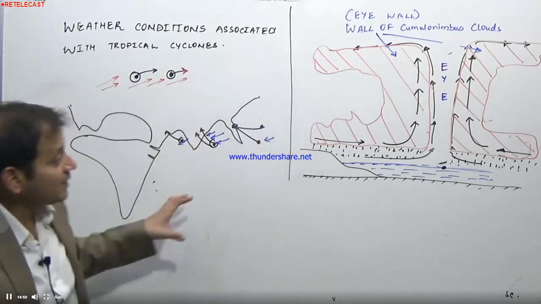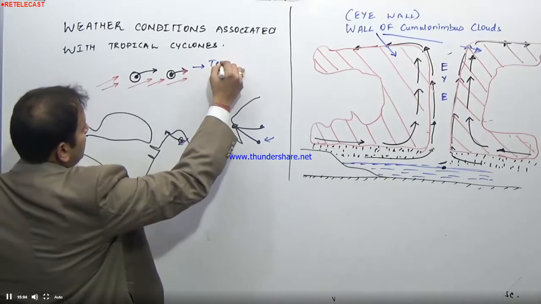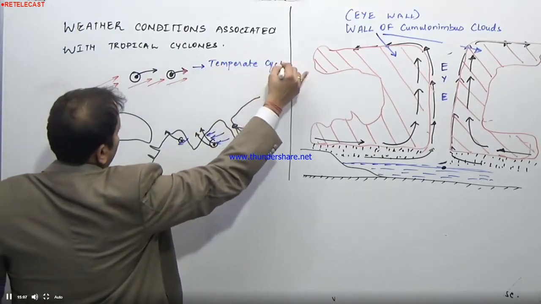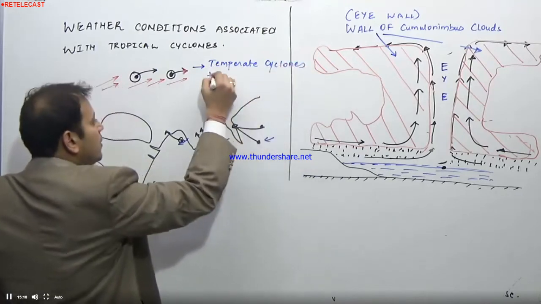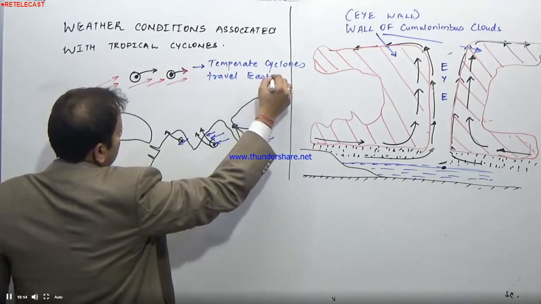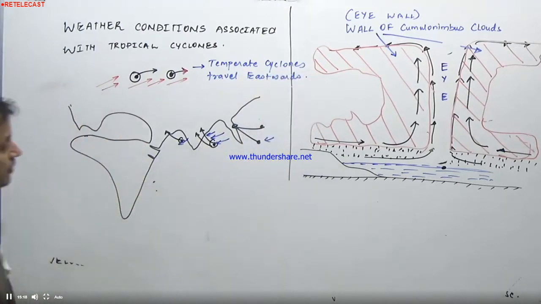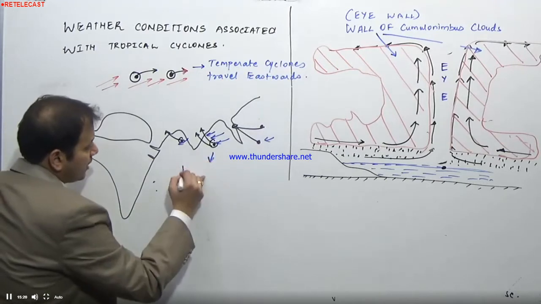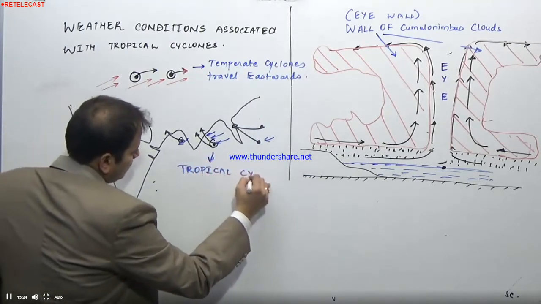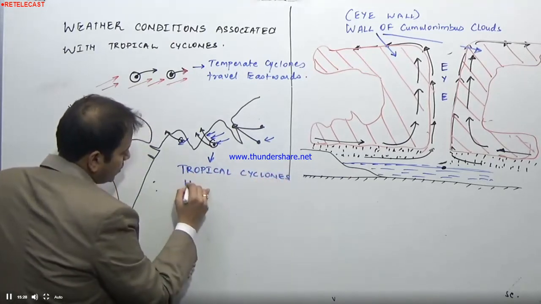So remember, the temperate cyclones which originate travel eastwards because they come under the influence of the westerly winds, while the tropical cyclones travel westwards.